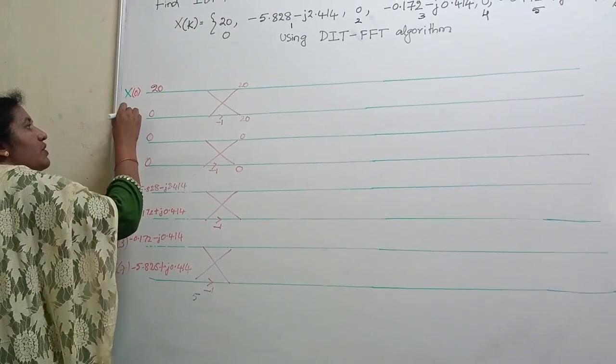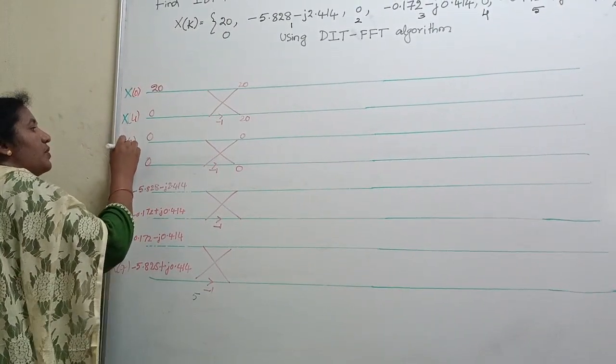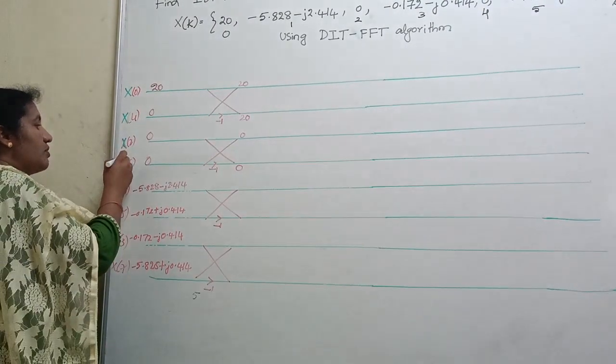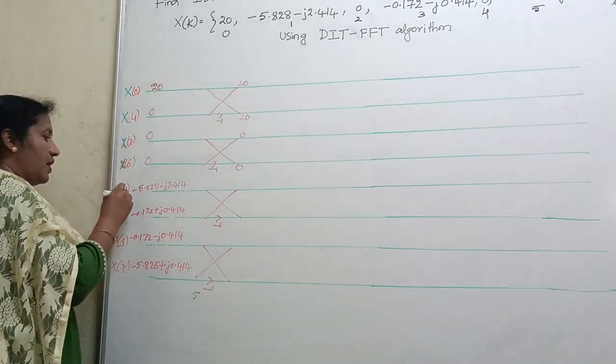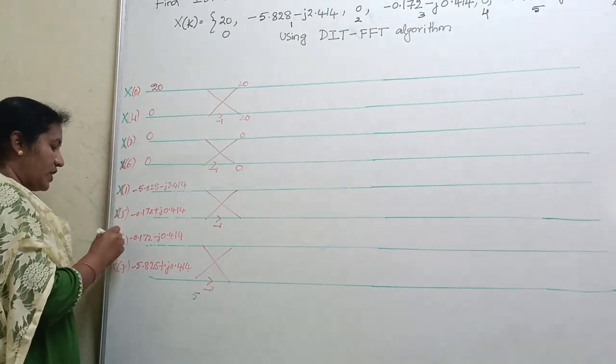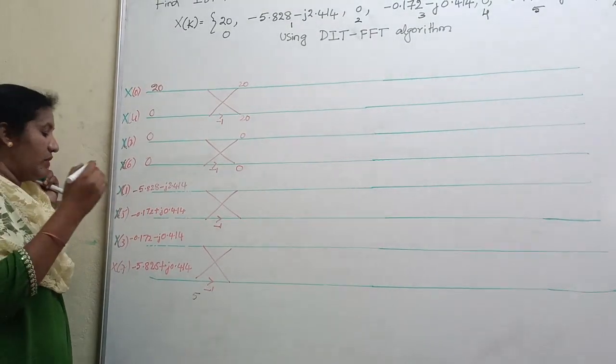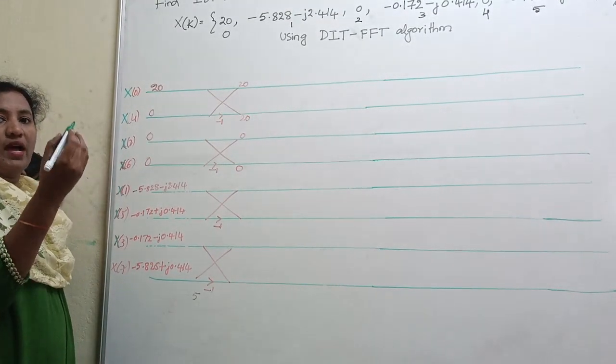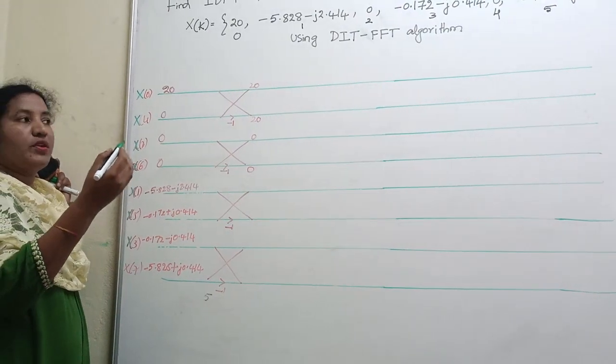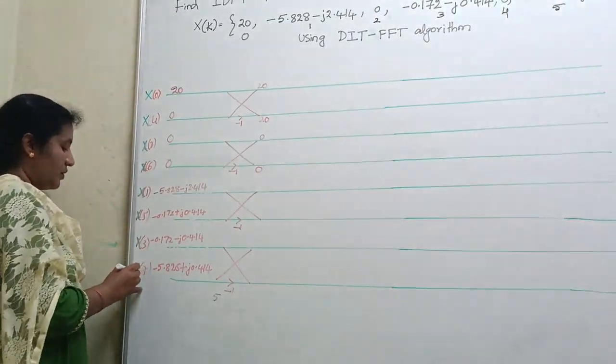All the x values are capital X only. We are computing inverse discrete Fourier transform, so the values are x. Okay, please make a note of this. We are solving the inverse discrete Fourier transform, hence we will get small x values, I mean discrete Fourier transform at the output. So we are solving now.